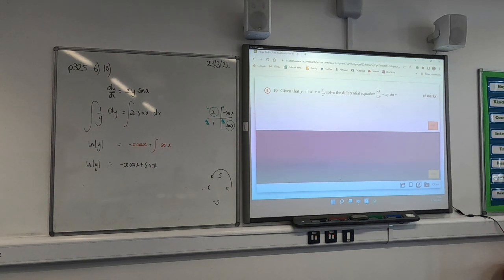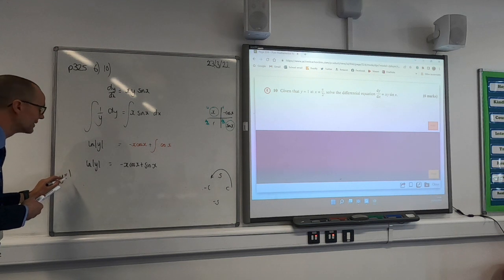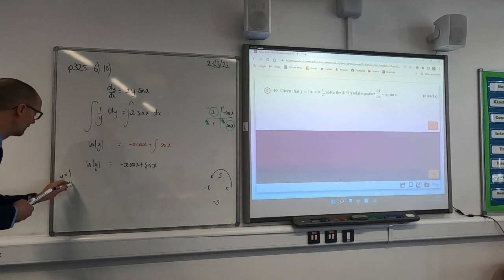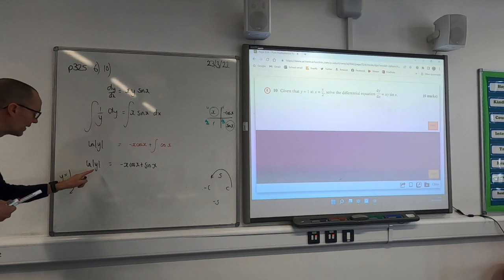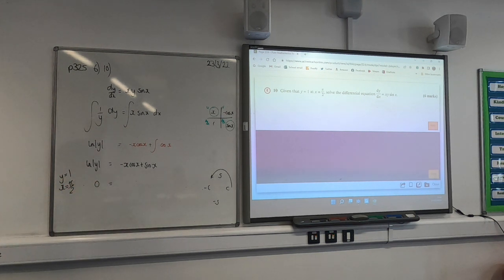Now there's a really good reason why I don't need to do the log gymnastics when I substitute in my values. It's not just that I don't get any minuses in my modulus signs, but it's also that the ln of 1 is 0. So it makes sense in this case to just write plus c.